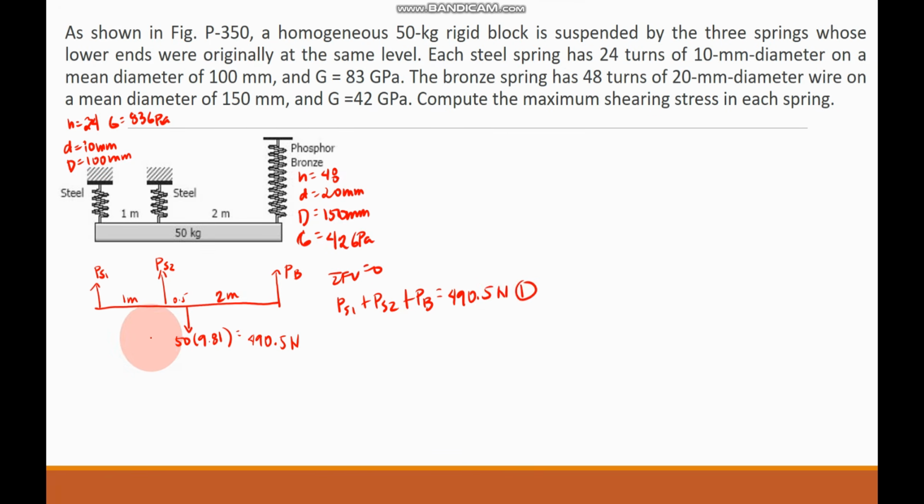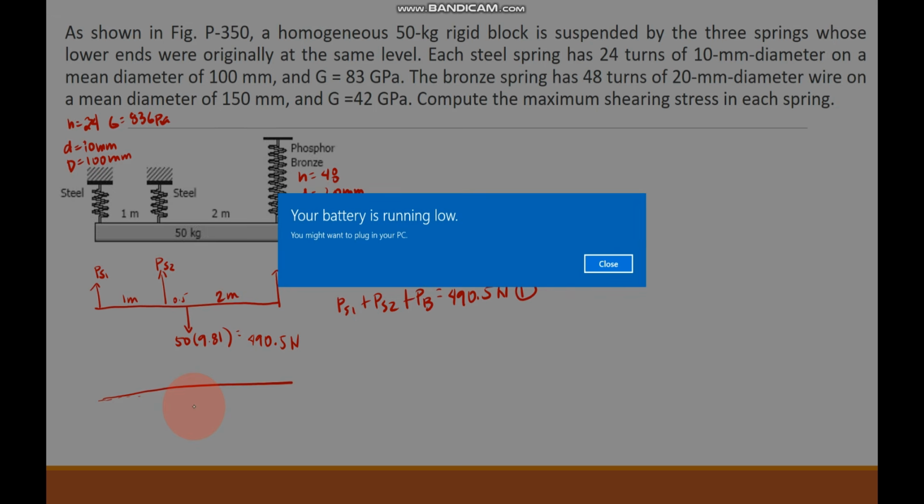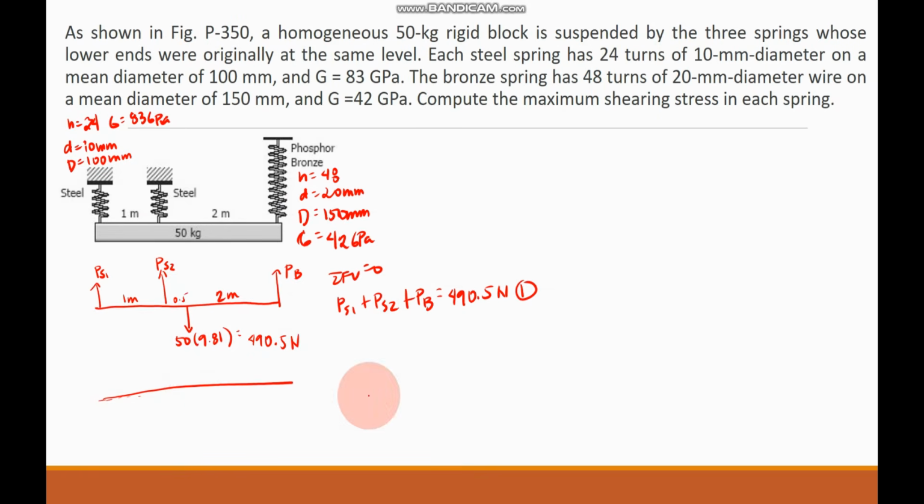Using the elongation, the free body diagram of the bar would look like this. So this is the original position of our bar, right? And there will be elongation of our helical springs from the steel 1, from steel 2, and from the bronze. So this would be the original orientation of our rod.